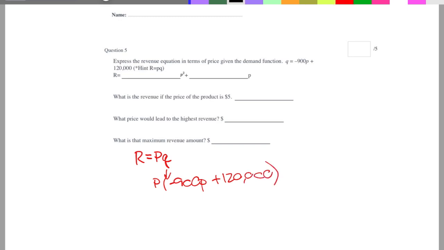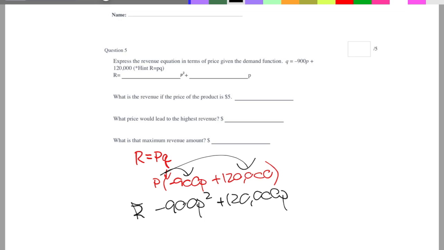All we're going to do is distribute P, and we end up with negative 900P squared plus 120,000P for our revenue. So that goes into our first two blanks right there. Negative 900 and then 120,000.